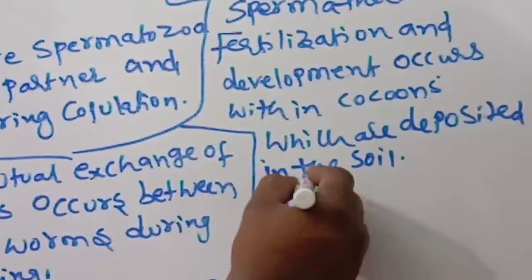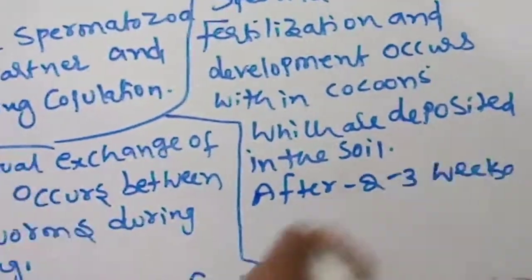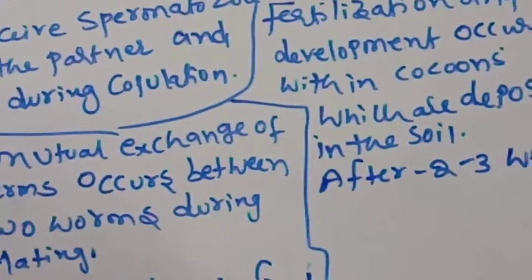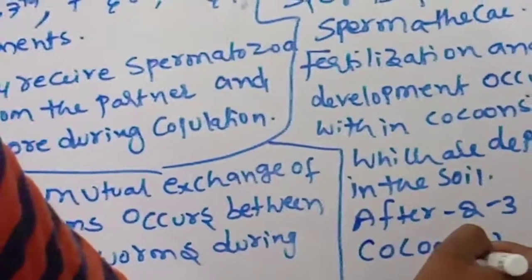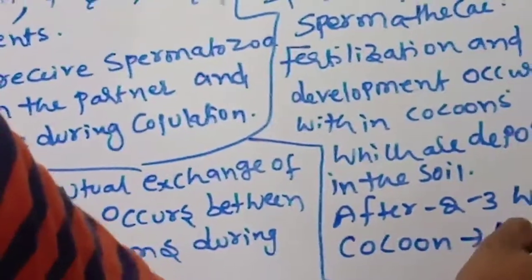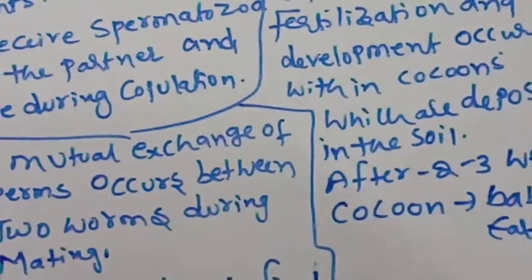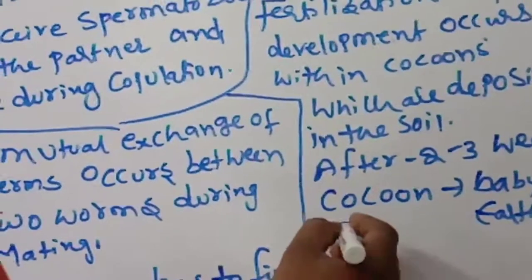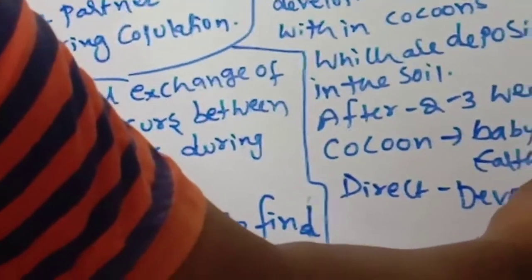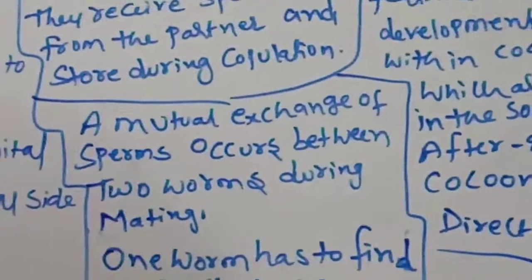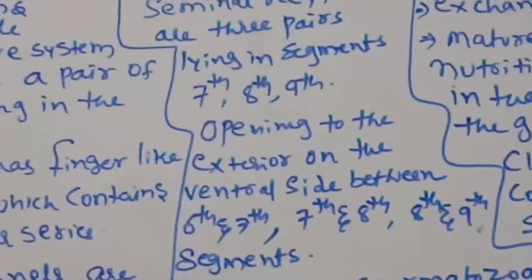After 2 to 3 weeks, the cocoon produces baby earthworms. Development is direct. Children, this reproduction process takes place in the reproductive system of Lampito mauritii.